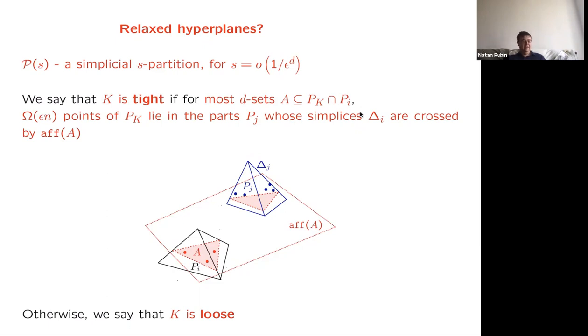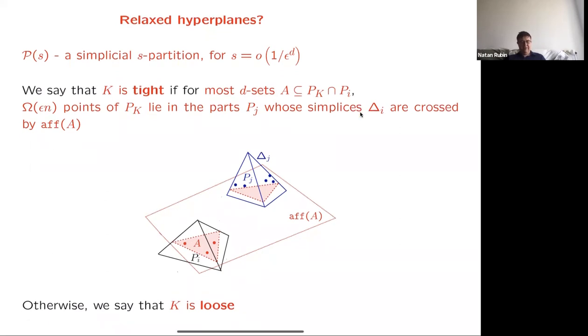If we look at the supporting hyperplane, the bulk of the points of our convex set can be leaving parts that are traced by this hyperplane in the partition. And as you can see on the picture, if this is not the case, then we say that our set is loose.